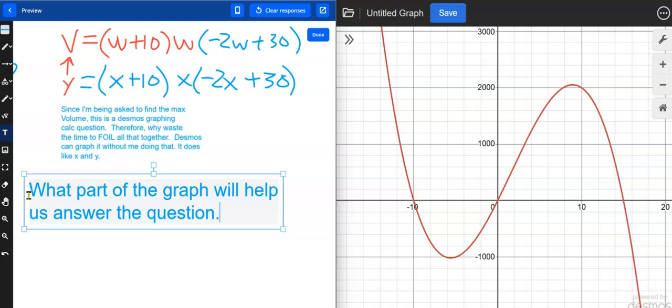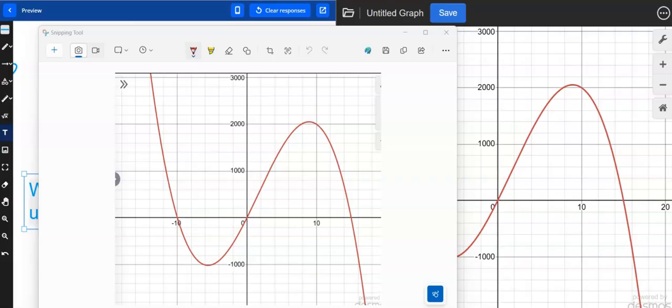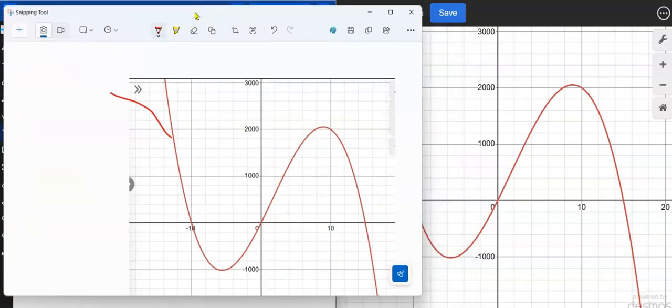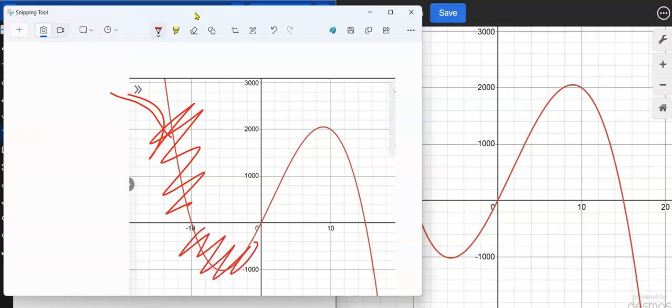Let me show you what I mean. It can't have negative x's and it can't have negative y's. So that means this section is useless to me. This section is useless to me. This section is useless to me. There is only one section of this graph that has all positives. And it's this little hill in the middle.